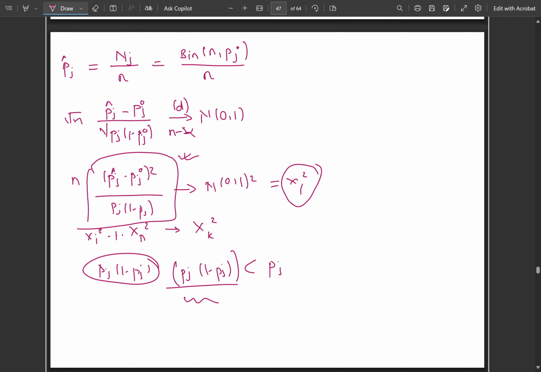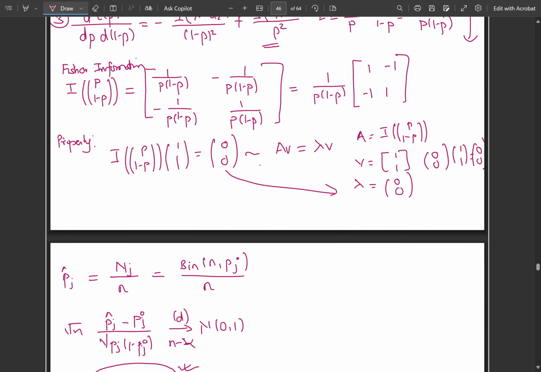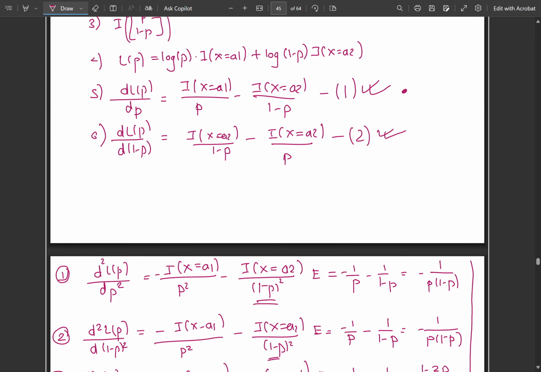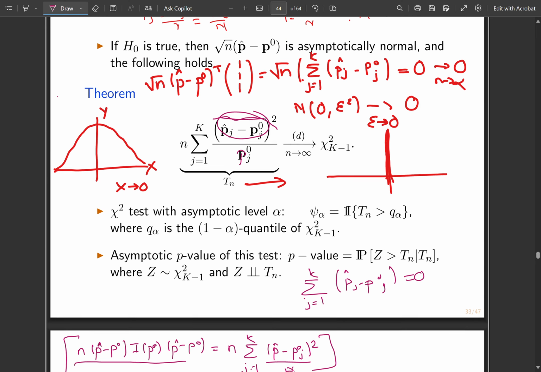Now let's go back to our original calculation, where we divide the numerator by only one Pj, and we have k minus 1 degrees of freedom.